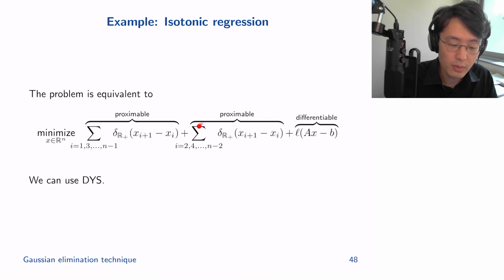So again, for all of the terms here, each x coordinate only enters at most one of the terms within this summation. Now, the coordinate, let's say x2, appears in one of the terms here and one of the terms here.